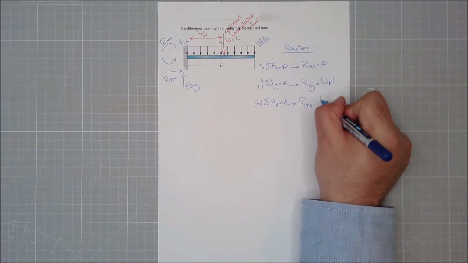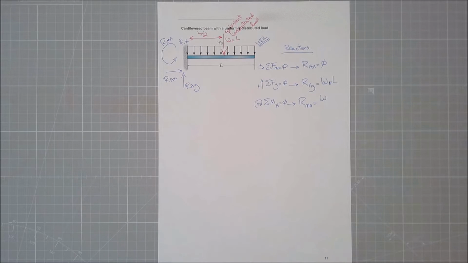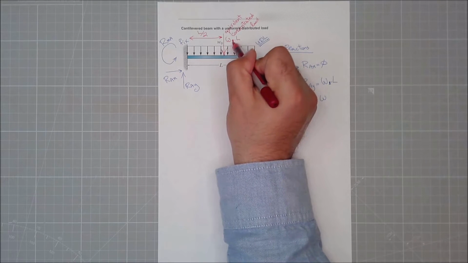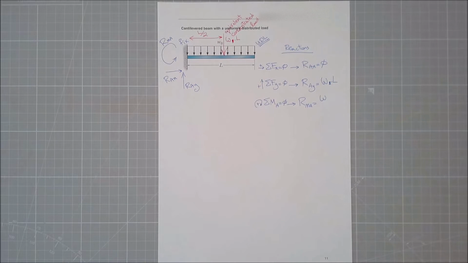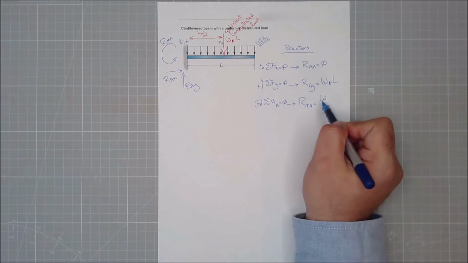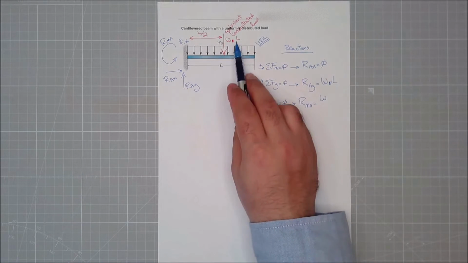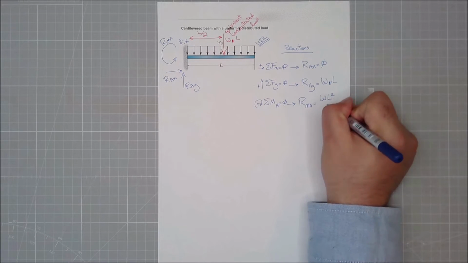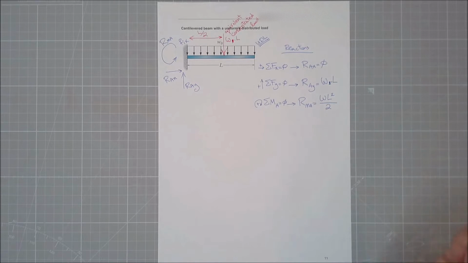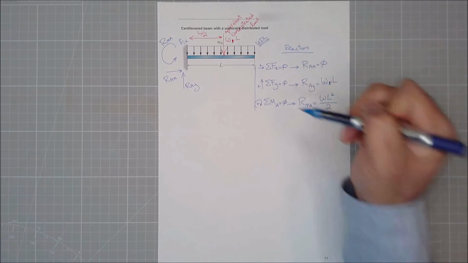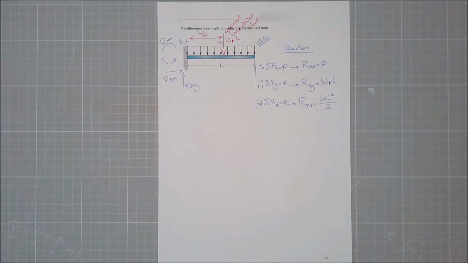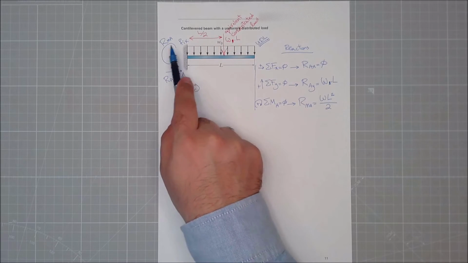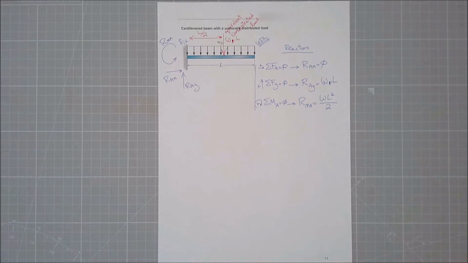I'll call it W. From now on, for simplification, I'll just call it W. We all know that I'm referring to W0. So WL times L divided by 2 will be WL squared divided by 2. These will be my reactions. And as you can see, it was positive, so this direction that I considered was correct.